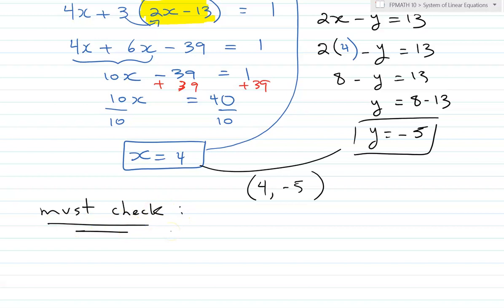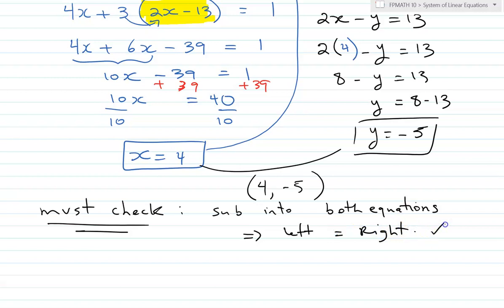Now you take 4, minus 5 and you sub into both equations and make sure that the left-hand side is equal to the right-hand side, and if that's the case, it's good. That's the correct solution. If it's not the case, then that is not the right solution. Either you made a mistake or you just have to reject the solution, but in this case it is. You can double check. All right, that's basically it. Substitution method.